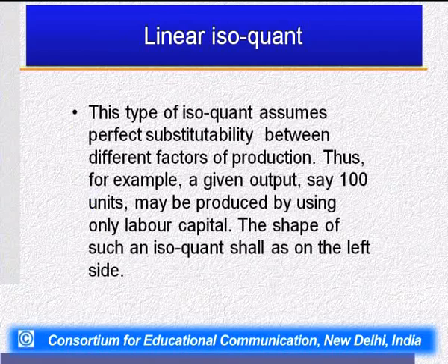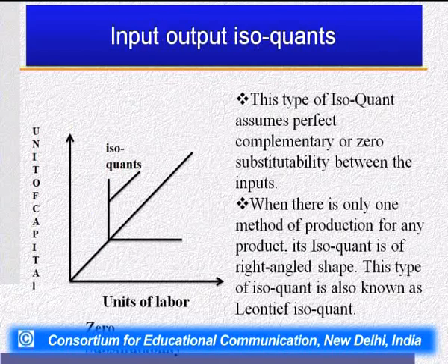When we talk about the input-output isoquant, this type of isoquant assumes perfect complementarity, or zero substitutability, between the inputs. When there is only one method of production for any product, its isoquant is of a right-angle shape.